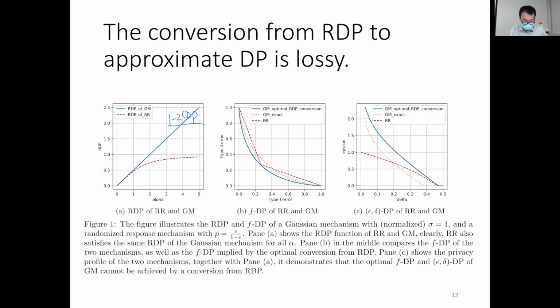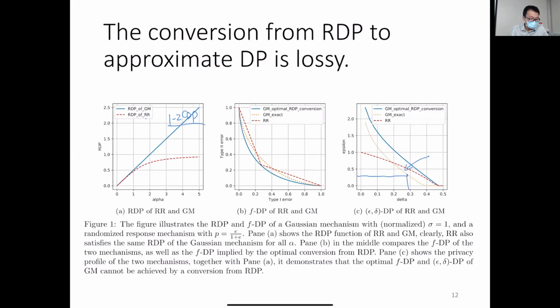For instance, at this point, we know that this is a property that the Gaussian mechanism satisfies, say 0.75 and 0.35 DP. On the other hand, the randomized response doesn't satisfy this, because the optimal privacy profile for randomized response requires a larger epsilon at the same delta.